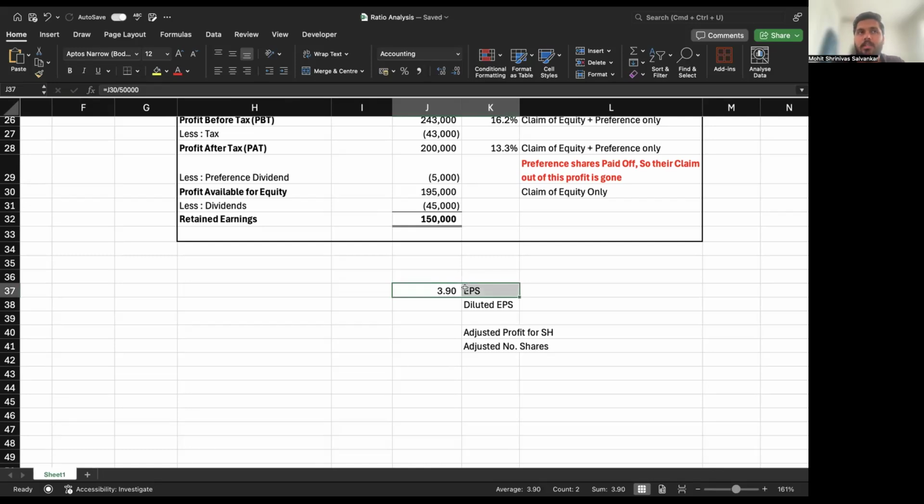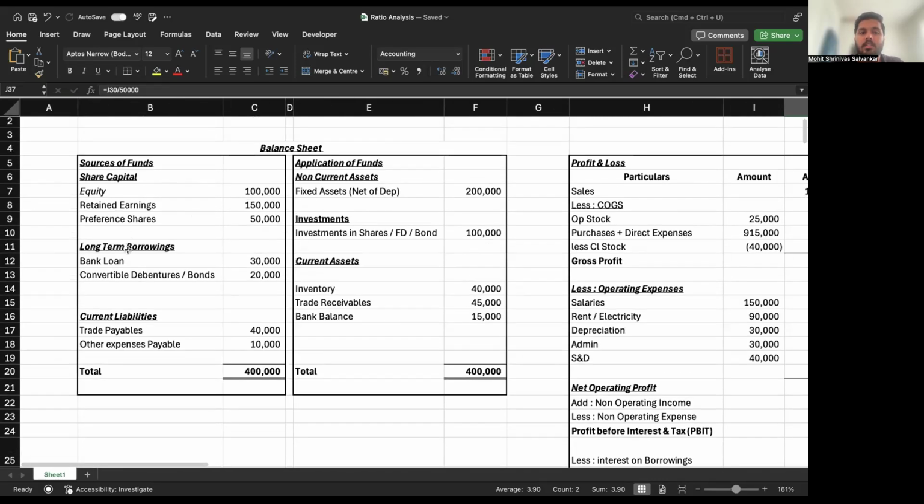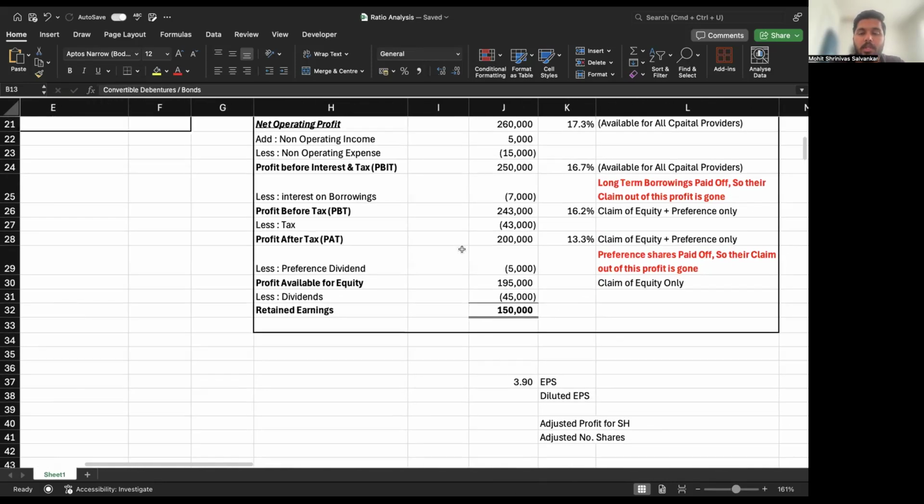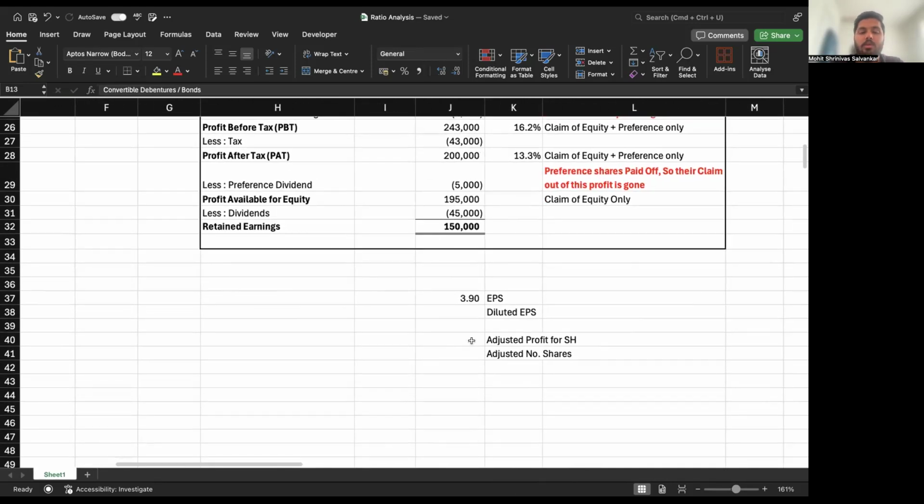Most probably, this won't be a part of the exam because the calculation is a bit tricky. It depends on many factors, as in how many shares this debt will get converted into, at what rate, all that comes into play. So I'm not getting into that detail, but the logic behind the diluted EPS is here.